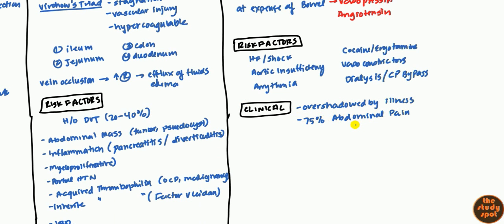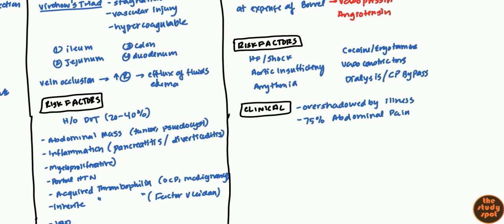So again, it's going to be very difficult to look for guarding or rigidity when the blood pressure is low and they're tachycardic. So you're not going to be focusing too much on clinical findings when this occurs. But of course, it is important as a secondary to diagnose and treat the mesenteric ischemia.